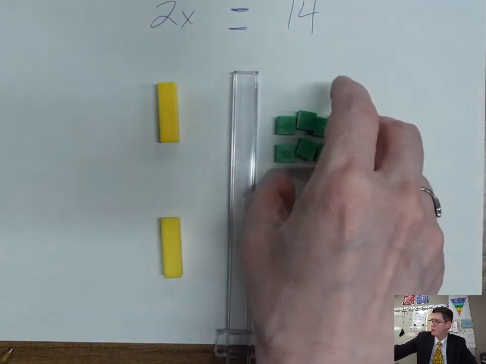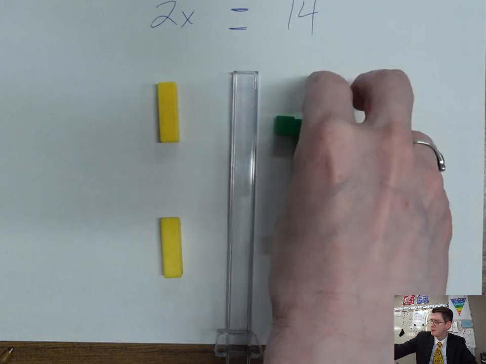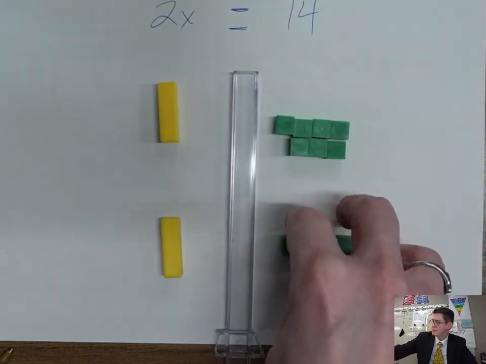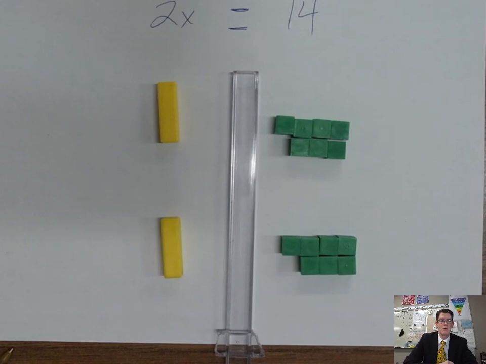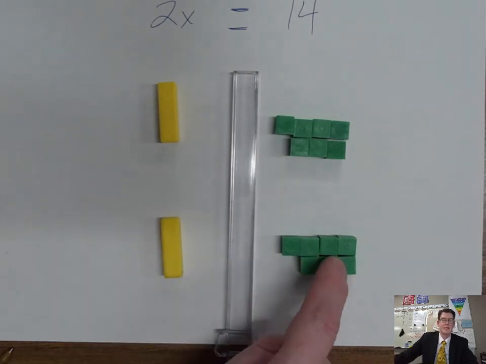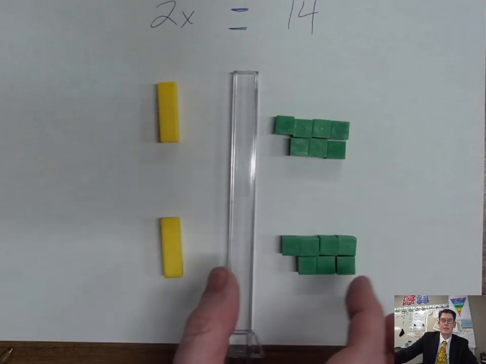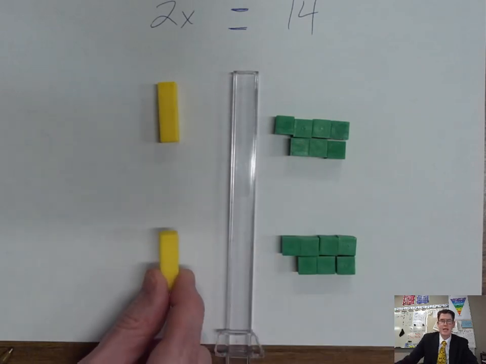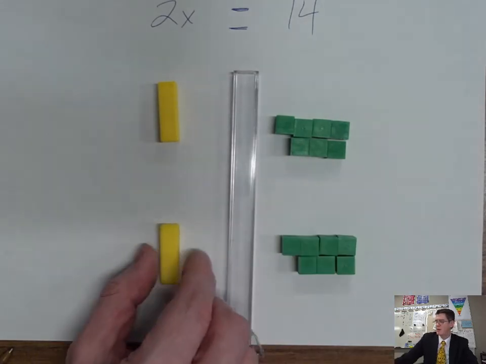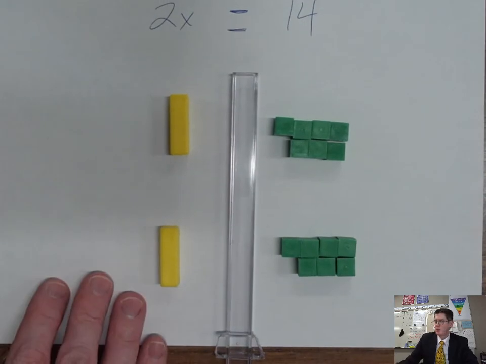When you put them into equal piles, there we go. So 1x, one of these x's, is 7. And 1x is 7 because they're the same number on this side of the equal sign, so you just have to make them the same number on the other. You just put it into two equal piles.